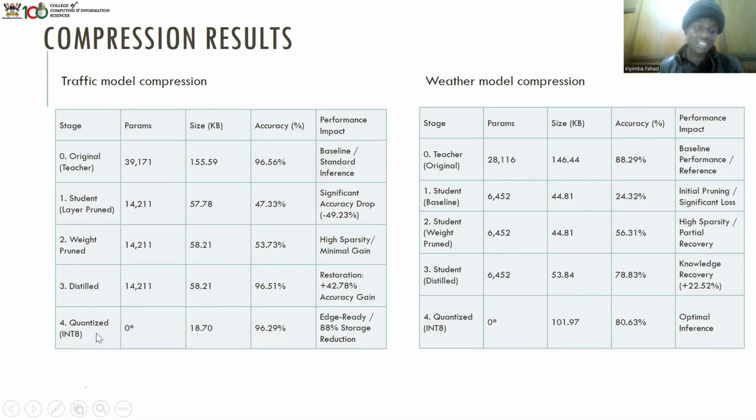We can see that the context model for the traffic has shrunk to 8.7 kilobytes with an accuracy of 96.29%, which is slightly close to the 96.56 of the original model, okay? For the weather model, it went from 146.44 kB to 101.97 kB. Slightly bigger, but the accuracy was 80.63 against 88. So we can see that these models are small, but highly accurate, okay?